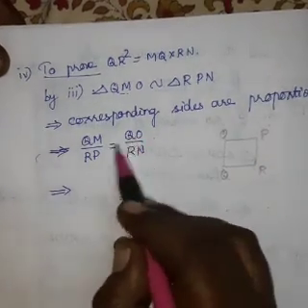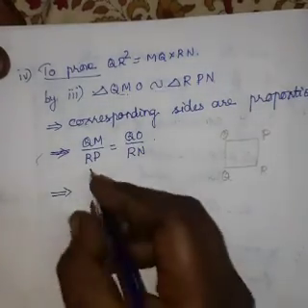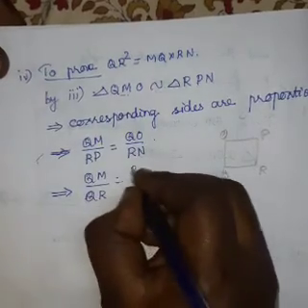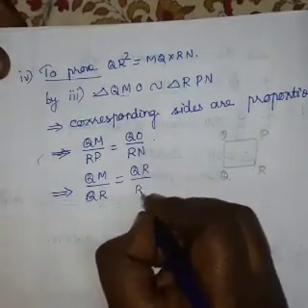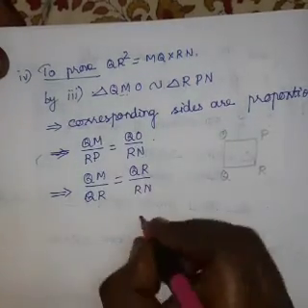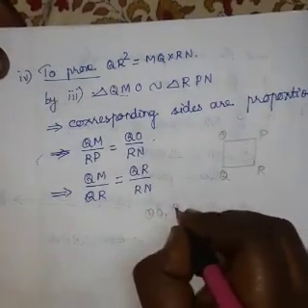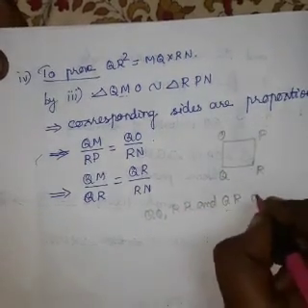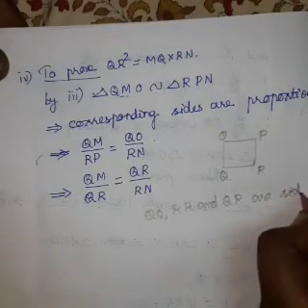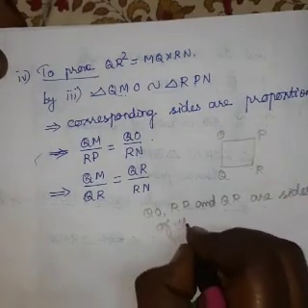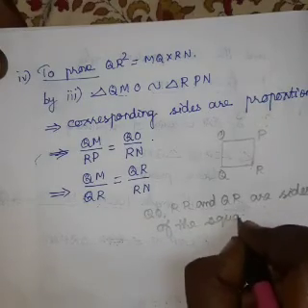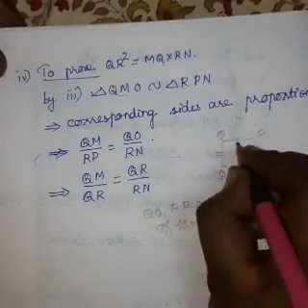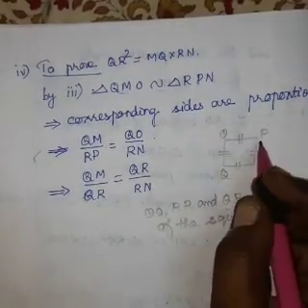So we can change the QR and RP as QR. QM divided by QR equal to QR divided by RN. The reason is QO, RP and QR are the sides of the square. So QO is equal to QR is equal to RP. That is same as OP, but we no need the fourth side.